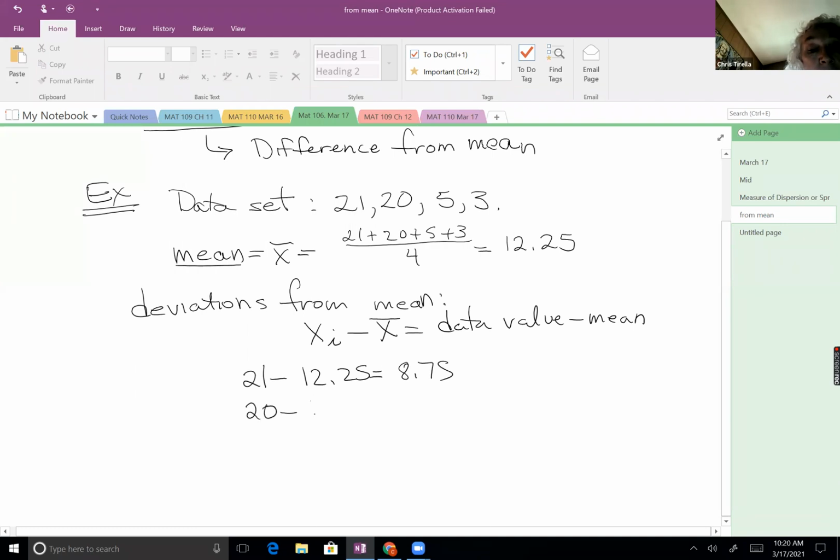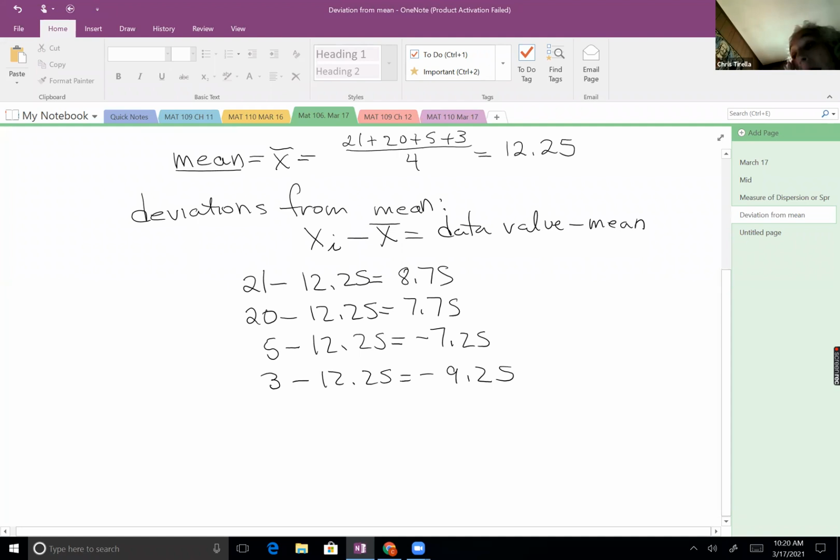We'd have 20 minus 12.25, which would give me 7.75. We'd have 5 minus 12.25, which gives me negative 7.25. And we'd have 3 minus 12.25, which would give me negative 9.25. And we can say, how far is each value from the mean? We go through and we make this list of deviations.